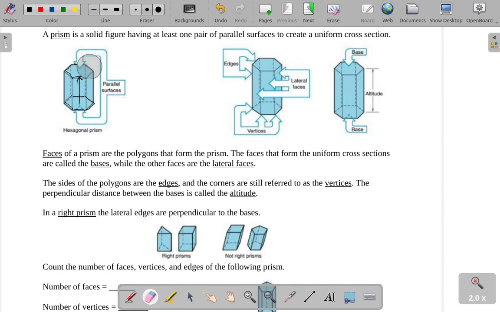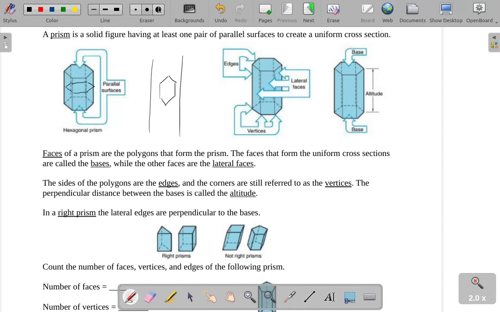If you have a sheet of metal, and you take pasta or dough or something like that, and you push it through that shape, then everywhere along here you have that same cross-sectional shape. In this case, we have a hexagon, and at that end we have a hexagon, and anywhere along the way we would have a hexagon as well.